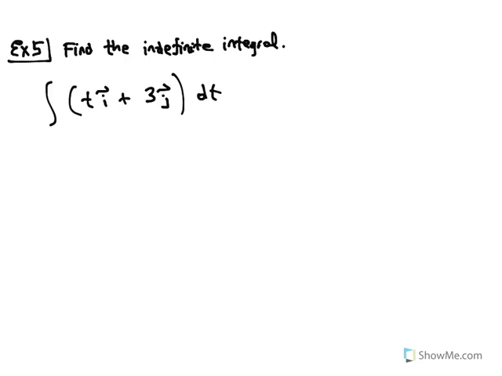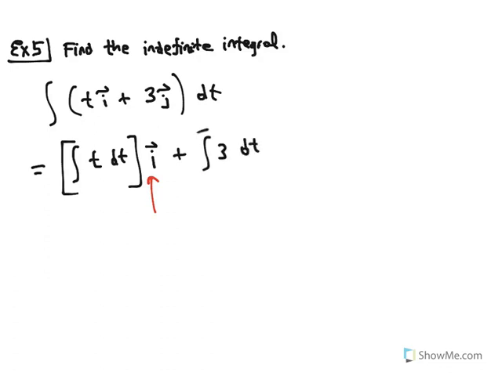So how do we integrate vector valued functions on a component by component basis? You're going to write the indefinite integral of t dt, plus, and then you have the standard unit vector i, plus the indefinite integral of 3 dt multiplied by the standard unit vector j. In the next line, I'm going to find the antiderivative of t with respect to t, which is t squared over 2.